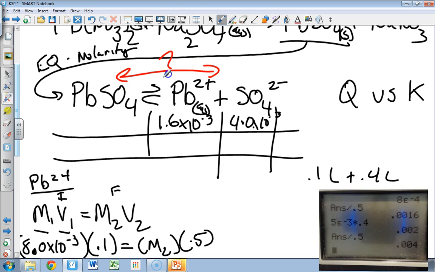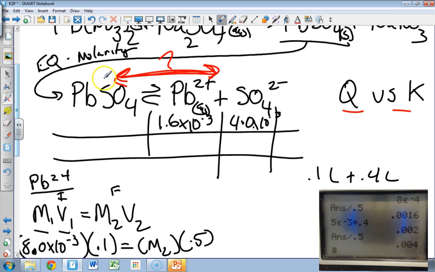Is it going to shift toward the reactants, or toward the products? That's going to be the question. What I like about doing this at the very end of the equilibrium unit is that it circles all the way back around to almost the very beginning, where we have to know Q and K.